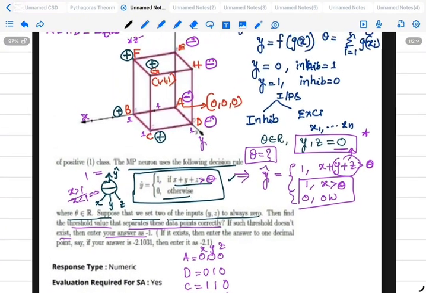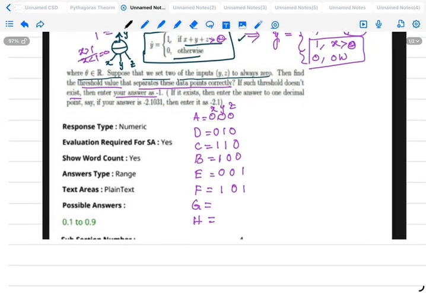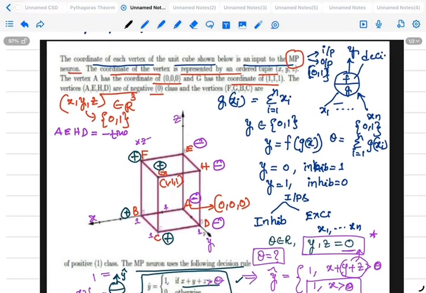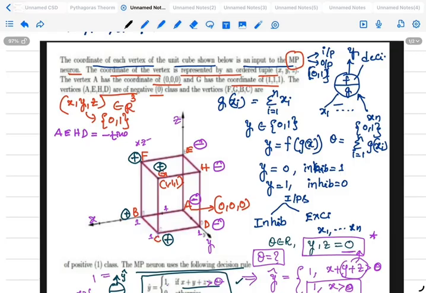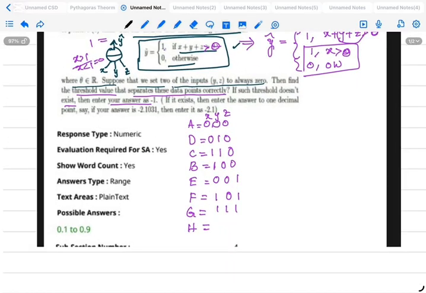And G is in the XYZ space, so all 3 coordinates are 1, G equals 1, 1, 1. And H is in the ZY plane, so Z and Y values are 1, X value is 0.